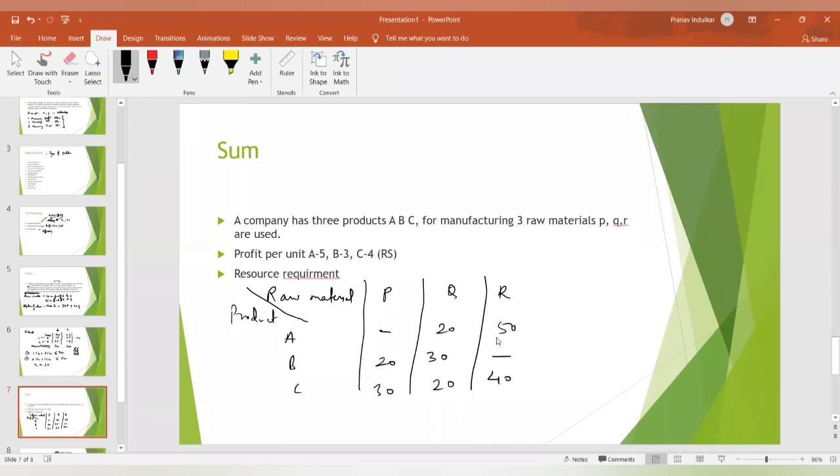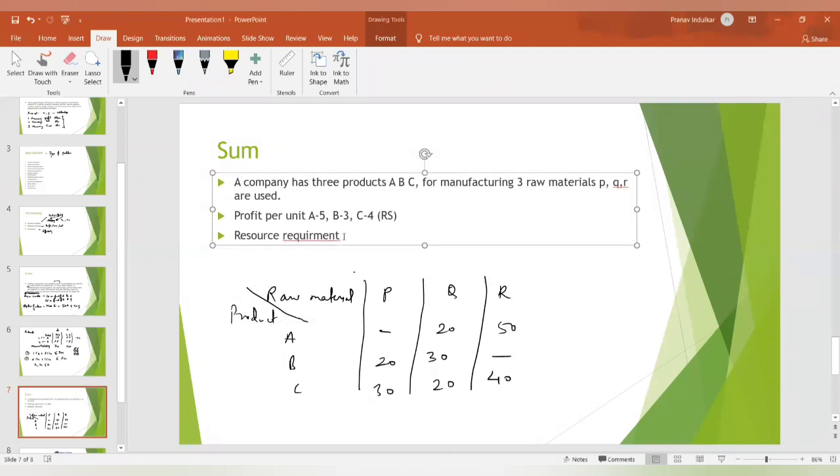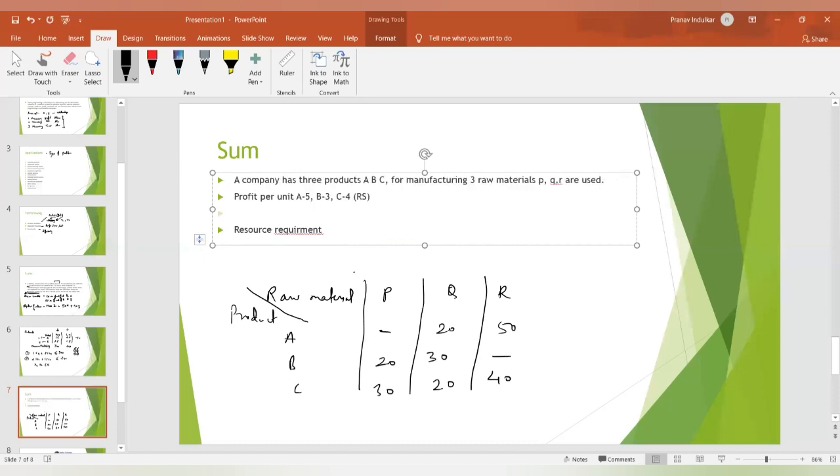Okay, additional things which are given are maximum availability: for P is 80 units, for Q is 100 units, R is 150 units.